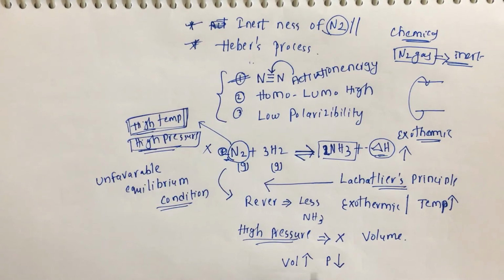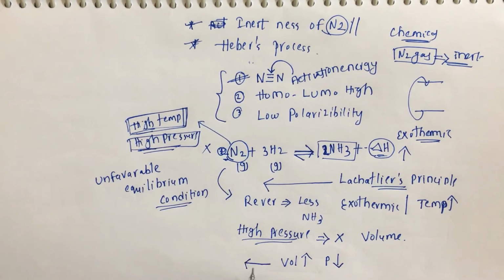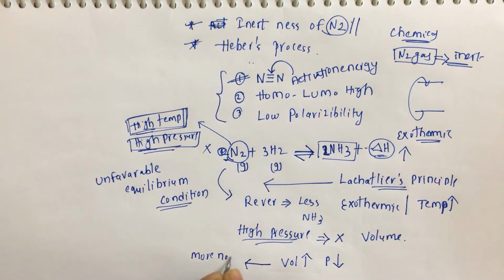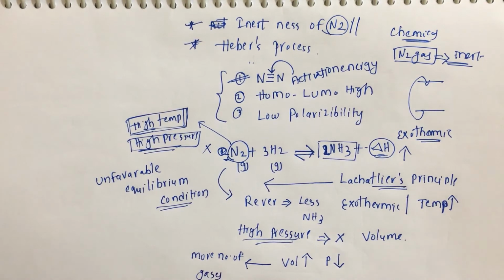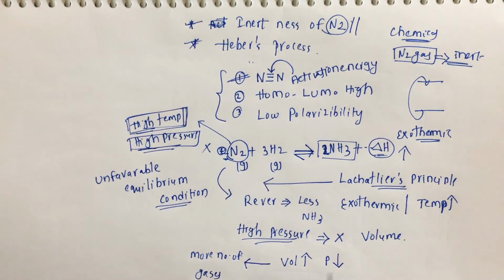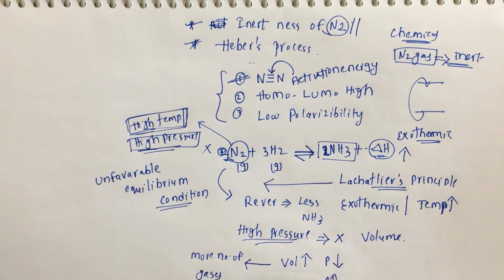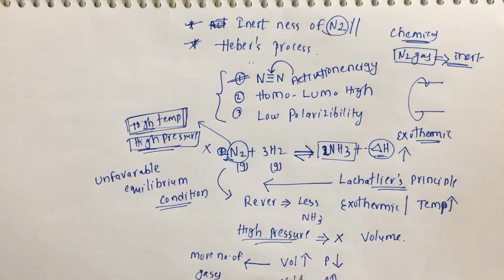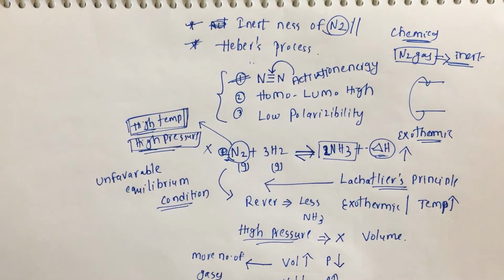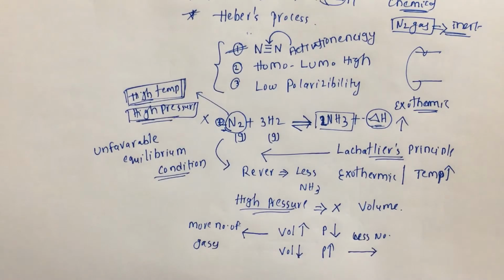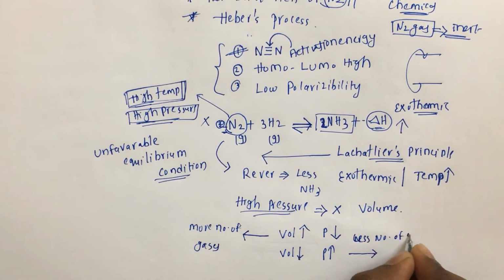When volume increases, the equilibrium moves towards where more number of gases are there. More number of gases are there, to that side the equilibrium moves. When pressure increases, volume decreases. In that case it moves towards less number of gases.